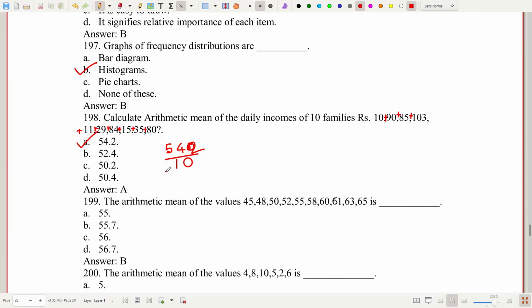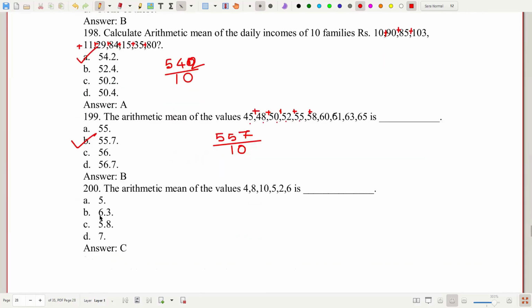The arithmetic mean of the values. Once again, just add those values, and we are getting the result after addition, that is 557, and 10 values. So 557 upon 10, that is we are getting 55.7.